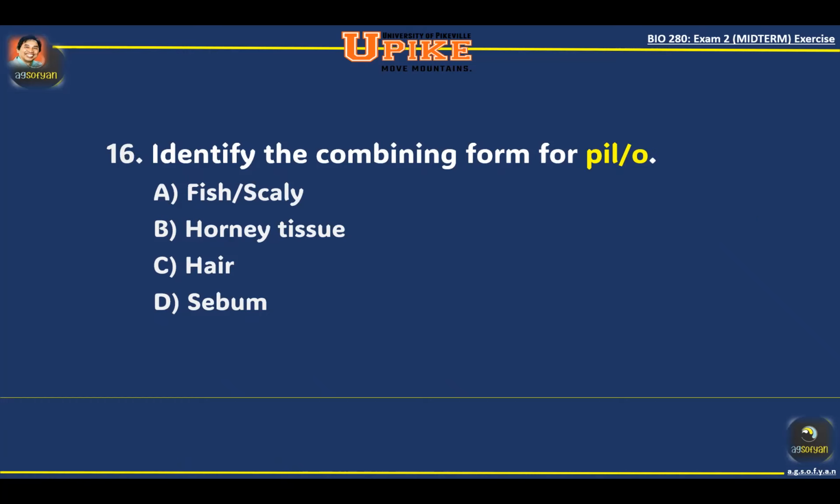Identify the combining form of pilo. Pilo means hair, or it can also mean a small channel, like braids, like hair. So it's going to be hair.